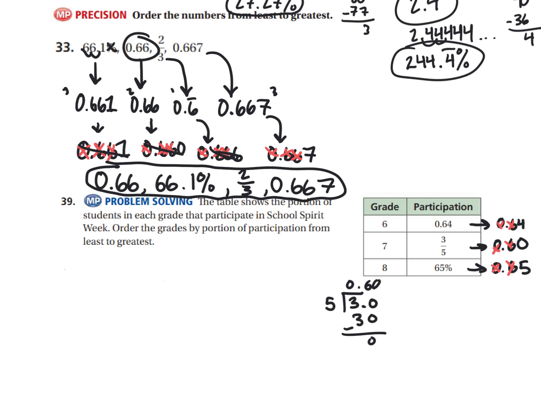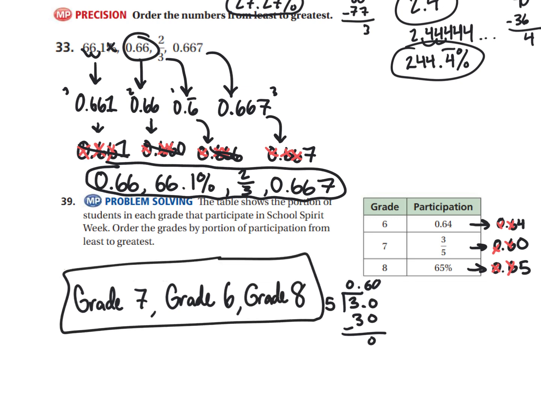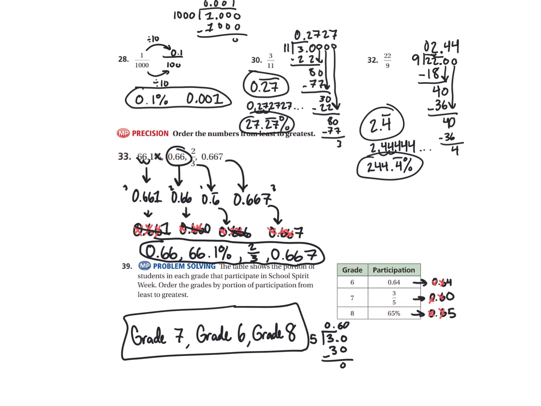In the hundredths place, that's where we have different numbers, and we can see that the lowest was grade 7. The next lowest was grade 6, and the highest was grade 8. And just like that, we've ordered them by grade. All right, that is all for 6.1 homework help.